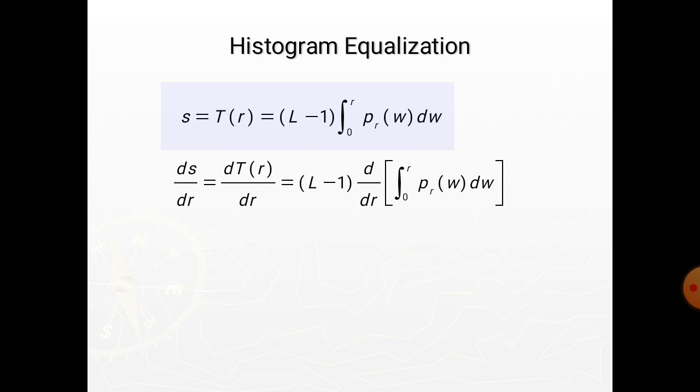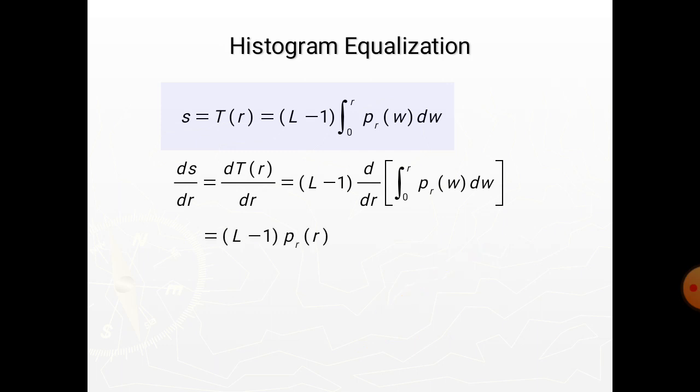We know from Leibniz's rule in basic calculus that the derivative of a definite integral with respect to its upper limit is the integrand evaluated at the limit. So ds upon dr equal to dT(r) upon dr.